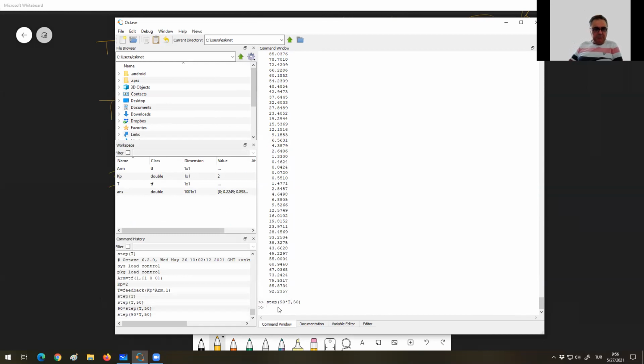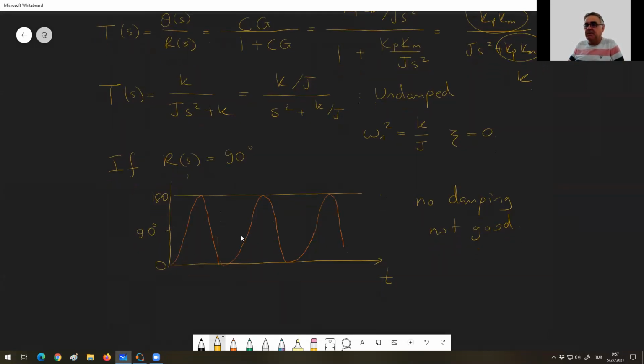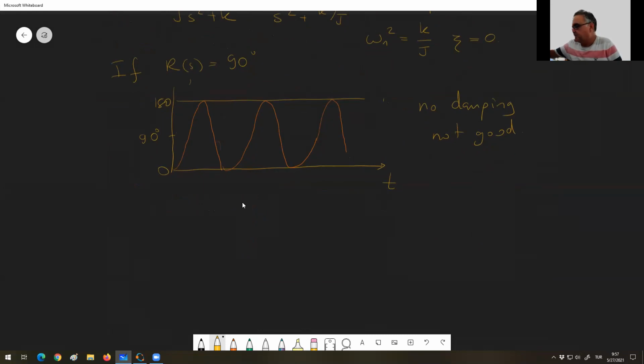Anyway, this is too much. So what do we do? We have to do something else. We have to add damping to the system. Now, the way to add damping to the system is to use PD control. What is PD control?